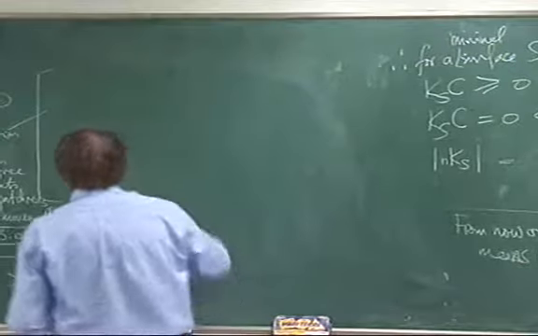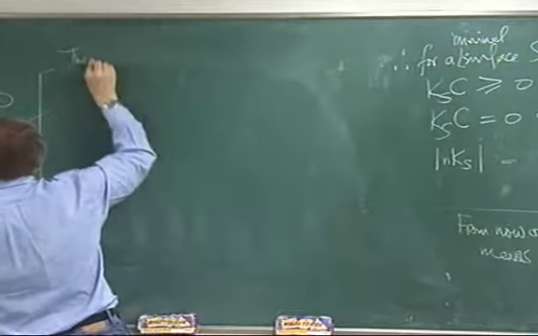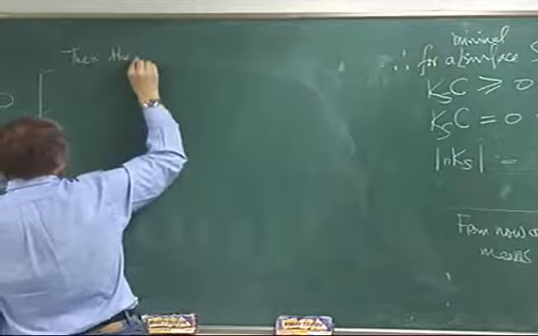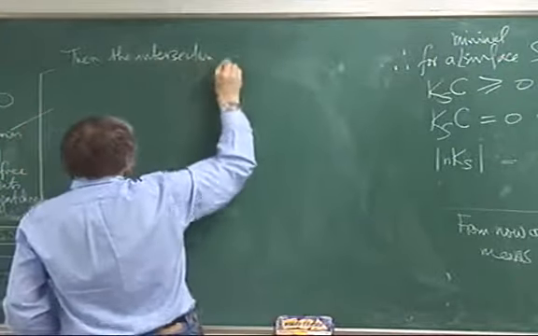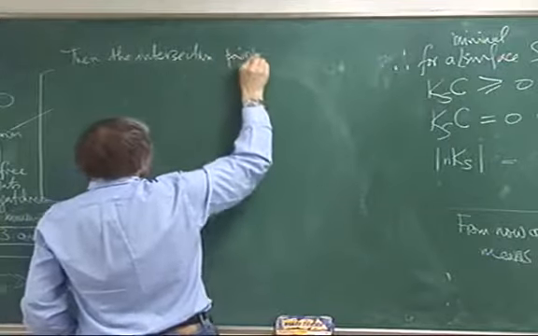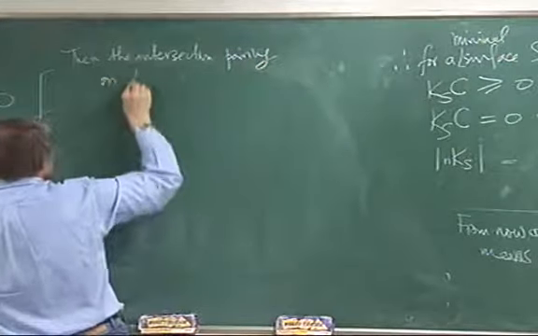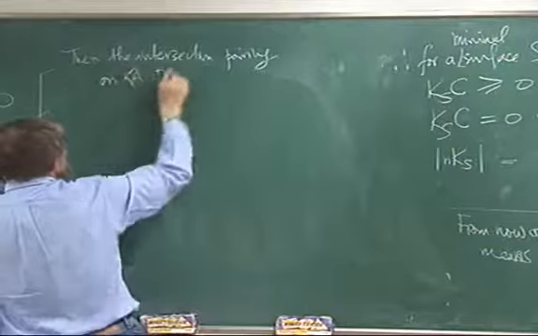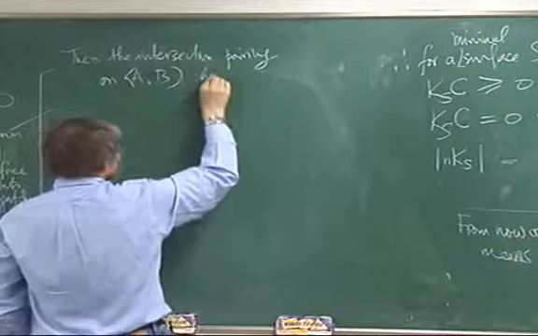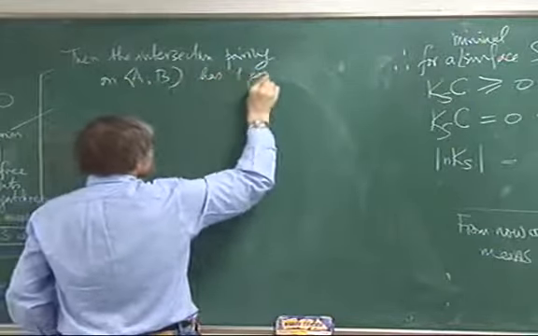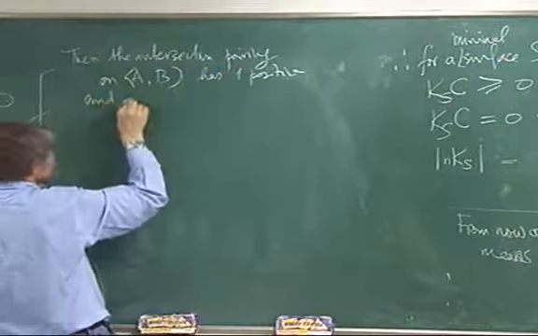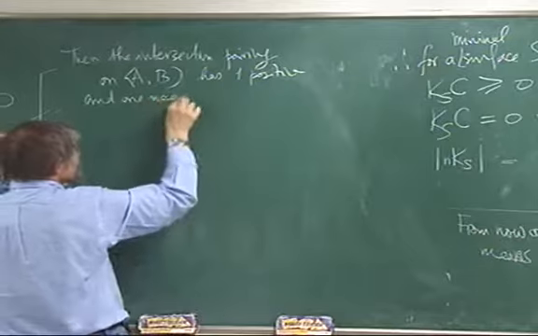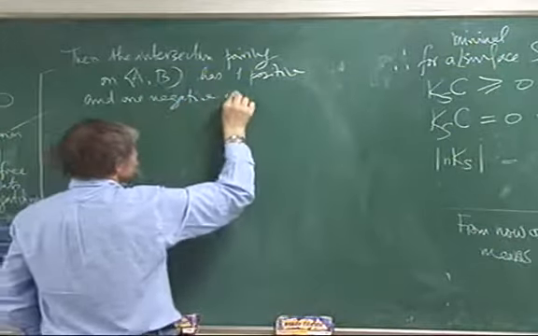Right, then the intersection pairing on A, B has one positive and one negative eigenvalue.